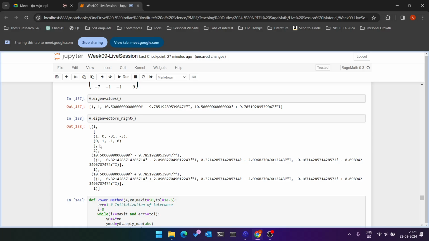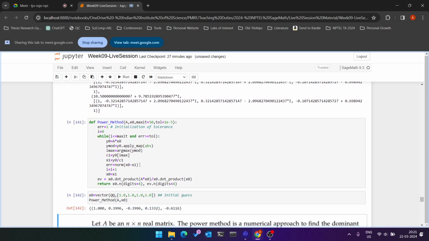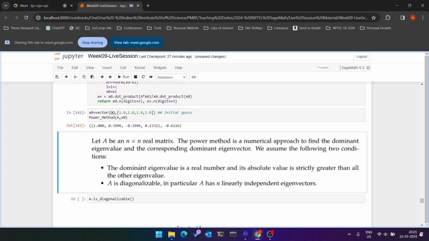Indeed, it seems like there are 2 eigenvalues of 1 and then there are 2 eigenvalues which are complex conjugates of each other. So what happened here is basically that this violated the assumptions that we had regarding the dominant eigenvalue being a real number and its absolute value being greater than all the other eigenvalues.